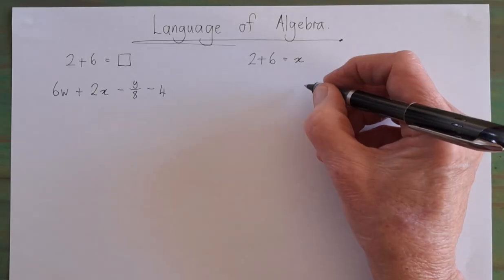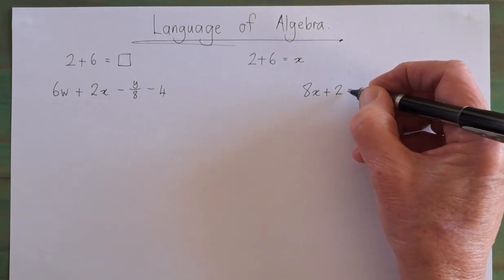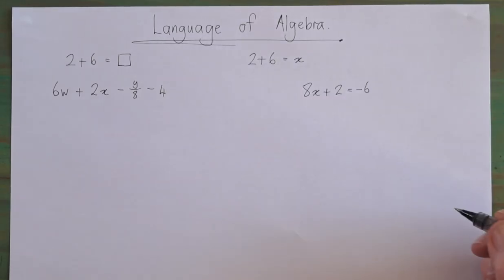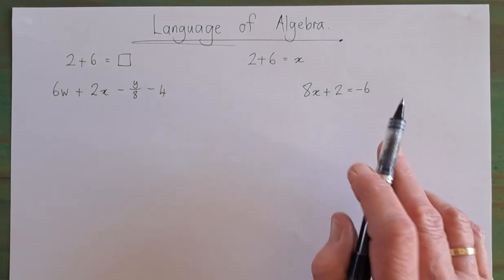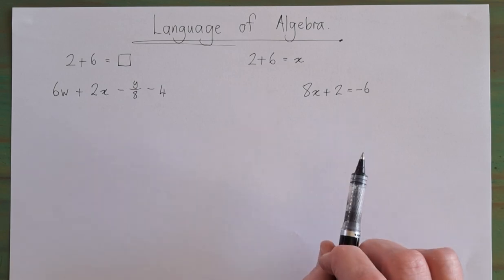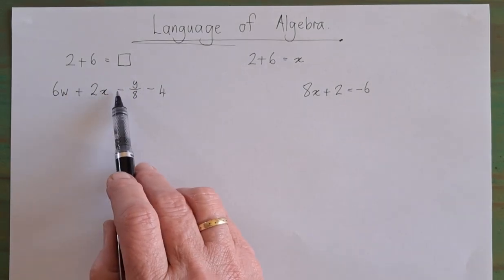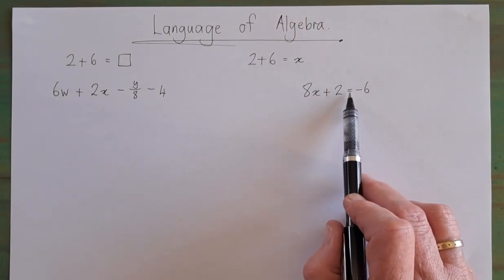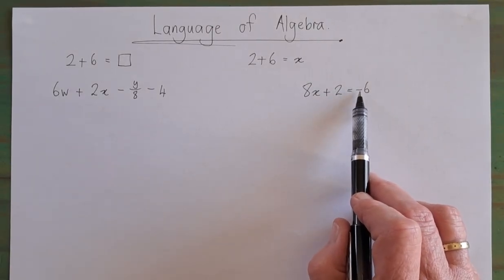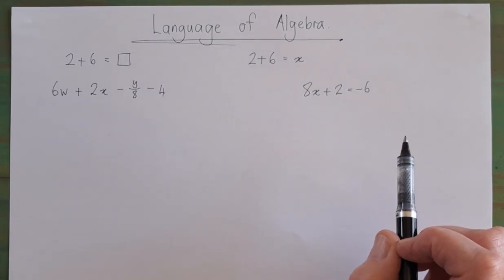And then I also want to look at 8x plus 2 is equal to negative 6. So here we've definitely got algebraic things going on because there are variables and there are numbers. If we look at this one, it's got plus signs and minus signs. This one's got a plus sign, an equal sign, and also what's standing there as a negative sign, an integer, which we'll speak about at another time.